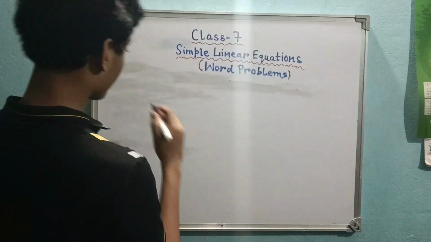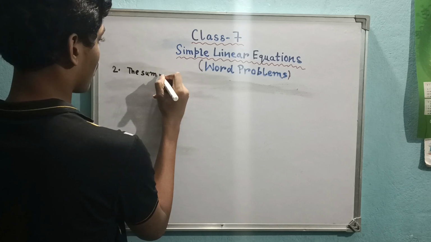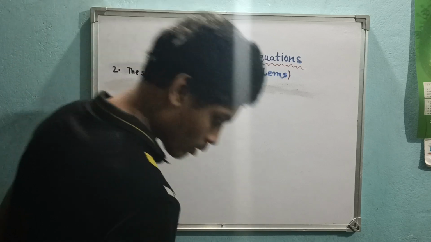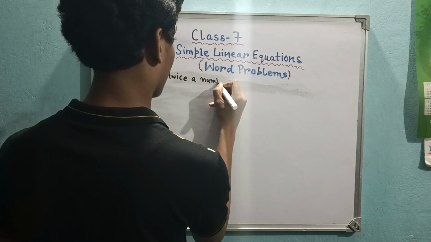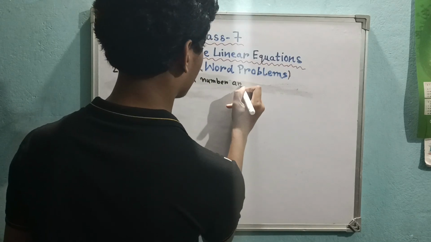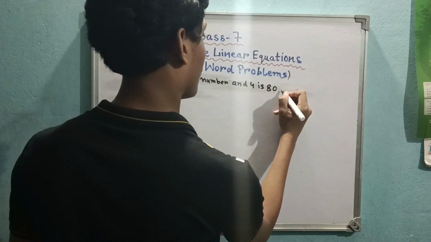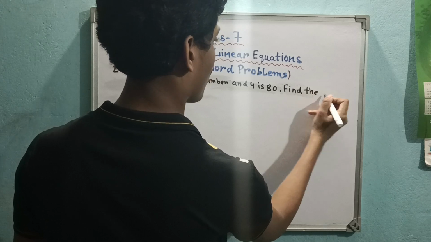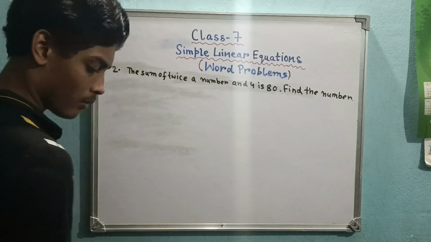Let's see. The sum of twice a number and 4 is 80. Find the number. So let me mark it for you, what we have to find here.